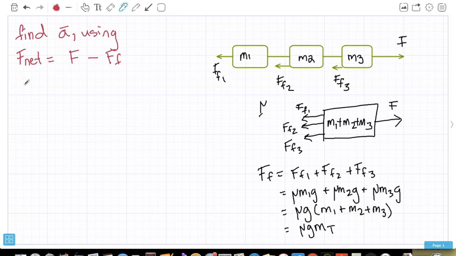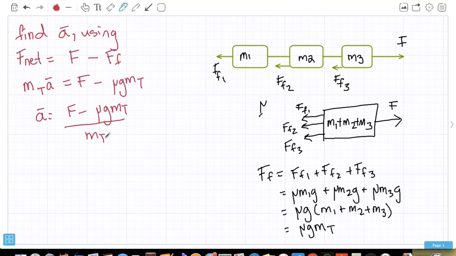If I expand Fnet using Newton's second law, we get m_t a, where m_t is the total mass, m1 plus m2 plus m3. And then F is known, minus mu g m_t. So if we solve for A, A is equal to F minus mu g m_t over m_t.